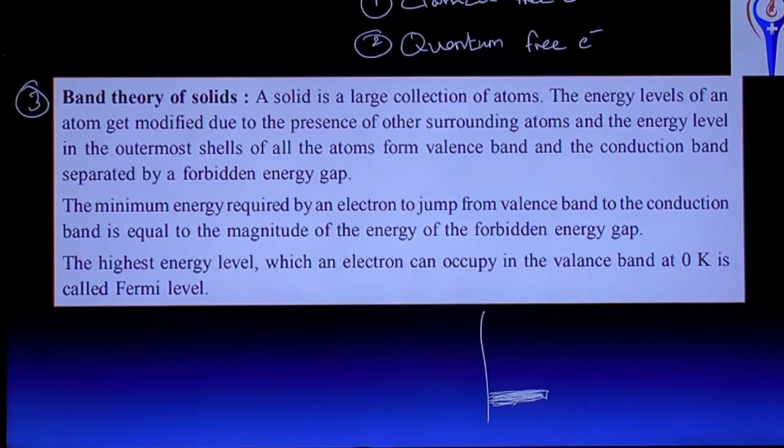A region containing valence electrons is called the valence band. Similarly, a region containing conducting electrons is called the conduction band. In between these two there is a gap, called the forbidden energy gap or band gap.